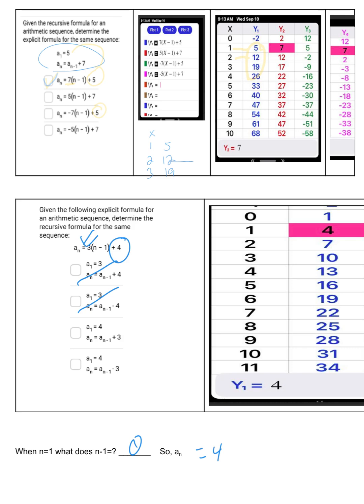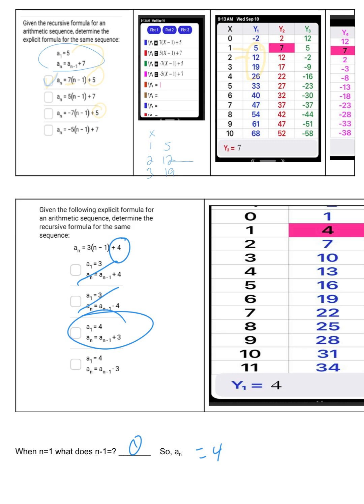Right there, 3. So that's another place where the 3 comes in. So we're adding 3 each time. That ends up being our change, and so that's our slope. So is my answer C or D? C, because we're adding 3 each time. If you can't see it or if you forget, because there's a lot of things you have to remember, then put it in y equals and look at the table.